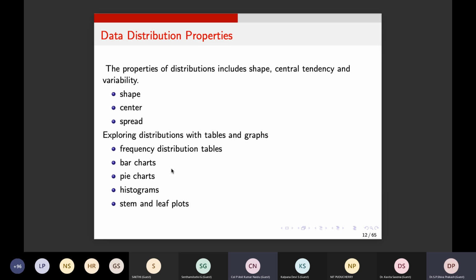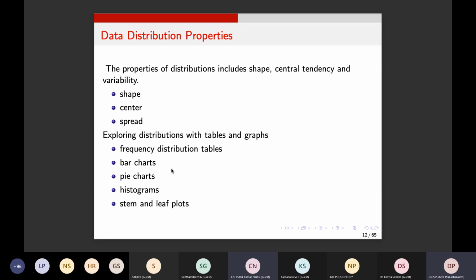And the measure of variability provides a quantitative measure of the degree to which the scores in a distribution are spread out or clustered together. Variability basically gives us the range, the interquartile range, and also the standard deviation.